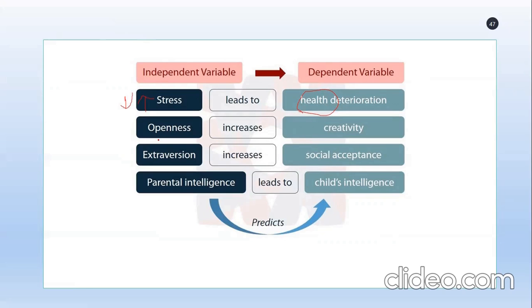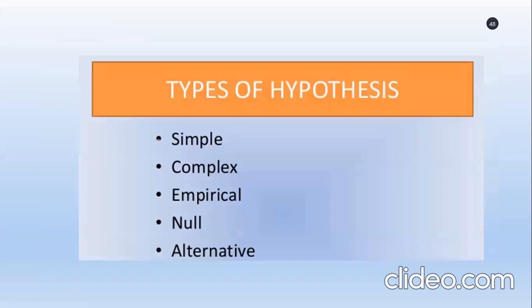Then moving towards the next, which is your hypothesis. Now, when we talk about hypothesis, we have already discussed what a hypothesis is. Basically, a hypothesis is a tentative statement based on which assumptions are made, and those assumptions need to be proved.